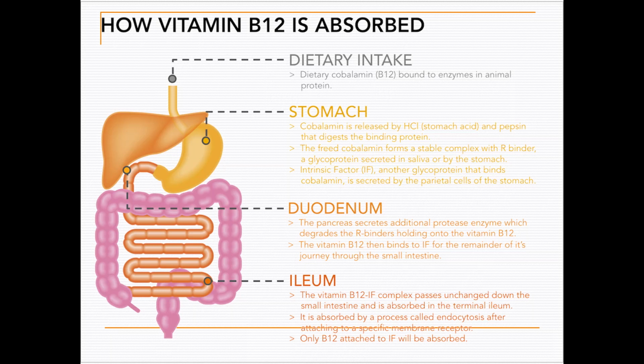The pancreas secretes additional protease enzymes which degrade the R binder holding the vitamin B12. Then the vitamin B12 binds to intrinsic factor for the remainder of the journey through the small intestine, and the B12 and intrinsic factor complex passes unchanged down the small intestine and is absorbed in the terminal ileum.